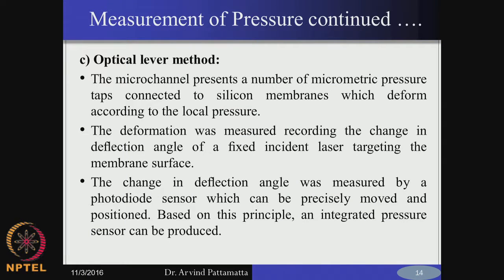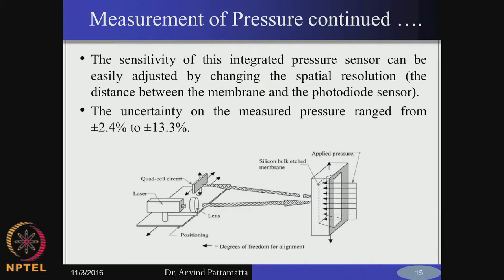So, the deformation is measured by recording the change in the deflection angle of a fixed incident laser targeting the membrane surface. The change in the deflection angle is measured by a photodiode sensor which can be precisely moved and positioned. Based on this principle, the integrated pressure sensor can be produced.